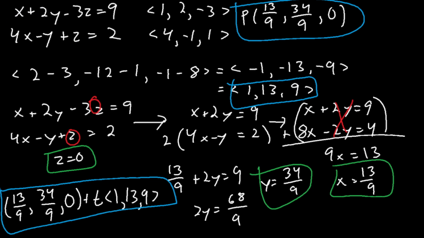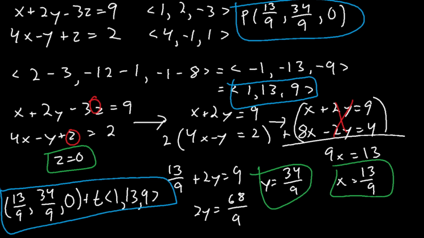So what we did, let's do a quick recap. What we did is find the two normal vectors, solve for their cross product over here, and then find a point. The cross product goes in the same direction as the line intersecting these two planes, so this can be plugged into the vector equation of the line.